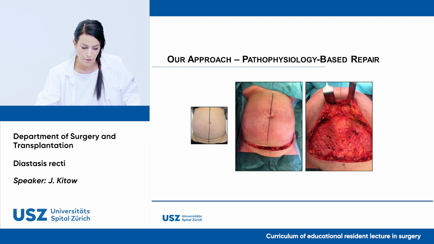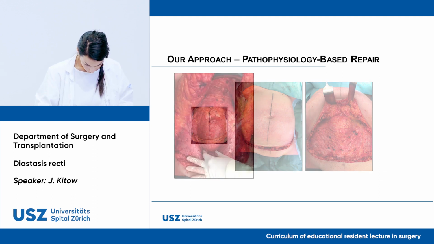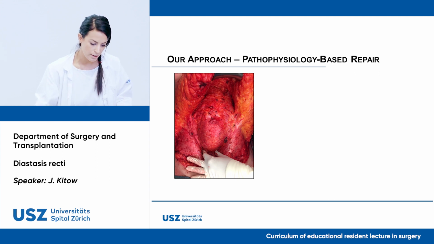Again, a suprasymphyseal incision. Then we prepared, again, the subcutaneous fat tissue away from the anterior rectus sheath. And you can see this large hernia already bulging out. Here you see it again, the rectus muscle and the hernia.